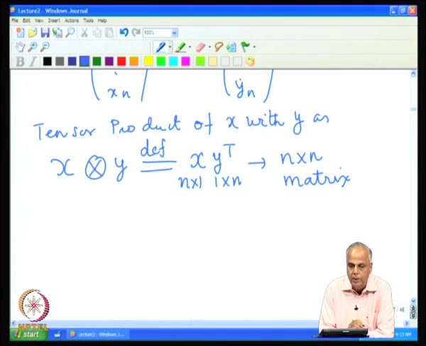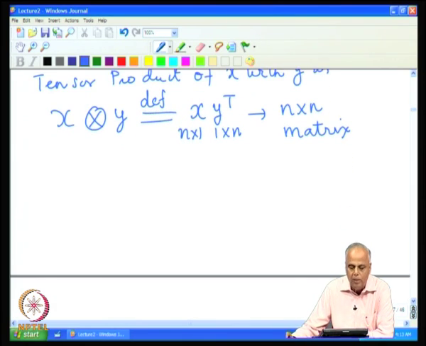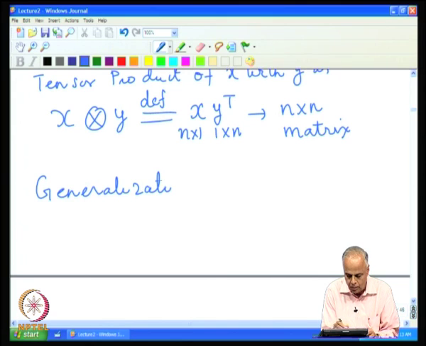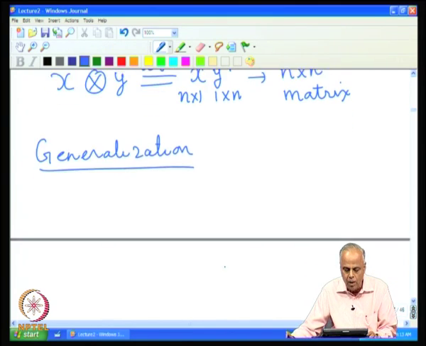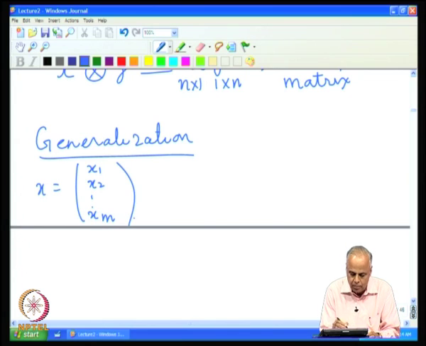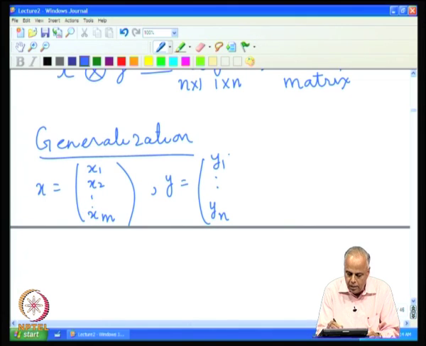Now, instead of taking two column vectors of the same size, we take two column vectors of different size. So, that is the generalization we will do. What we do now is we take a column matrix which is x1, x2, up to xm, and another column matrix which is y1, y2, up to yn, again all real.